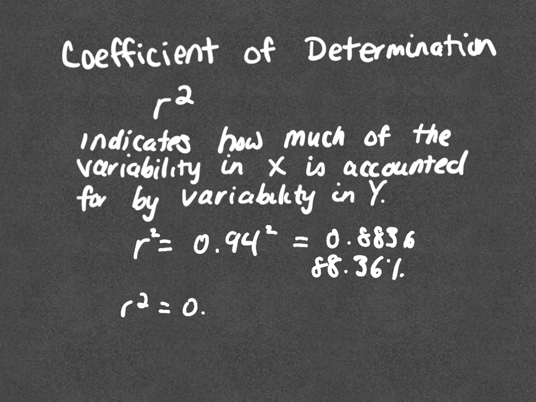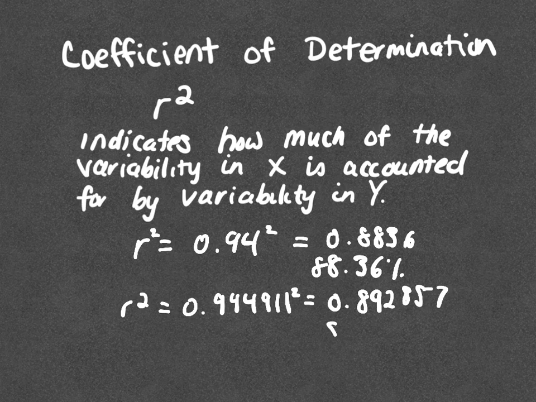In that case, I'm going to go back to my calculator and I'll see that my r before I rounded it was 0.944911. When I squared that, I got 0.892857. If I round that to the hundredths place as a percentage, I get 89.29%.